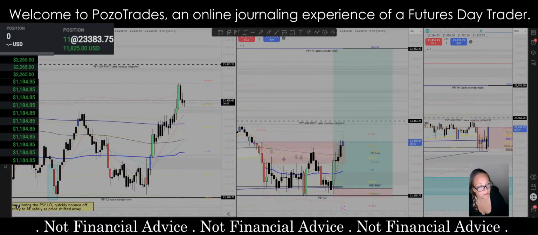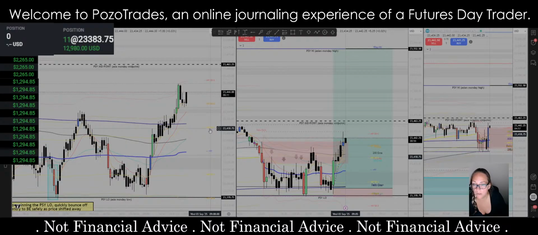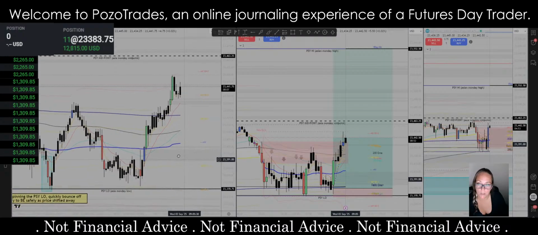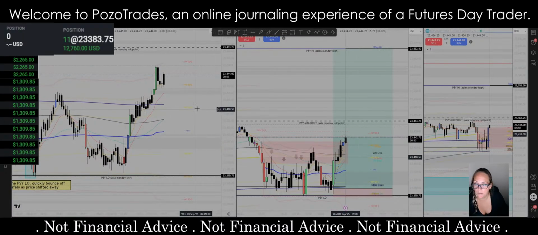If it can hold the standard deviation band that it's on right now. Actually, I think it's more like SD +1. We're at SD2 right now, but as long as it holds SD1, I think we'll be okay.